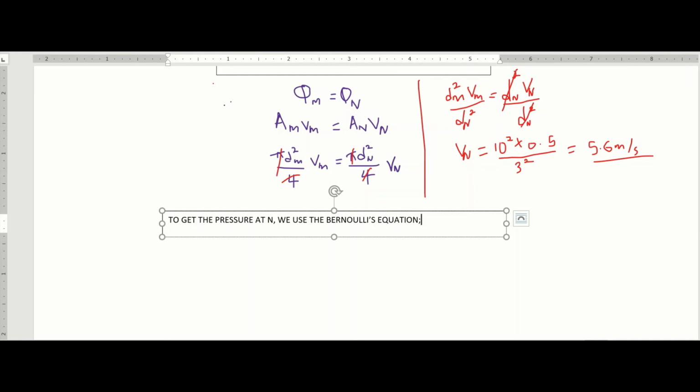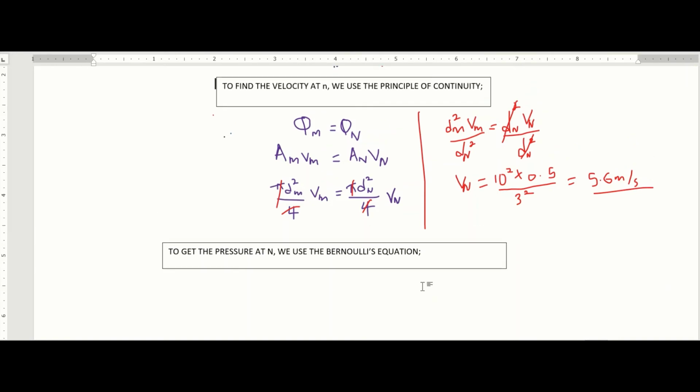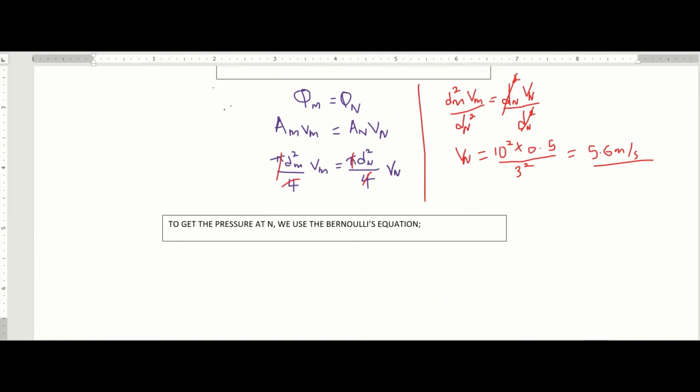So remember that equation was given as Z1 plus the pressure 1 over the specific weight of the water plus V squared over 2G.